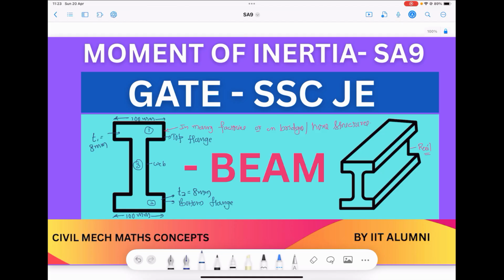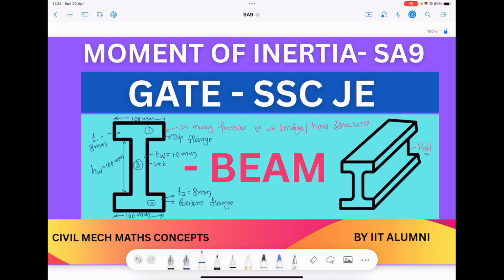The thickness of the web, TW, is 10 mm, and the height of the web, HW, is 100 mm. We have taken these for our calculation purpose.